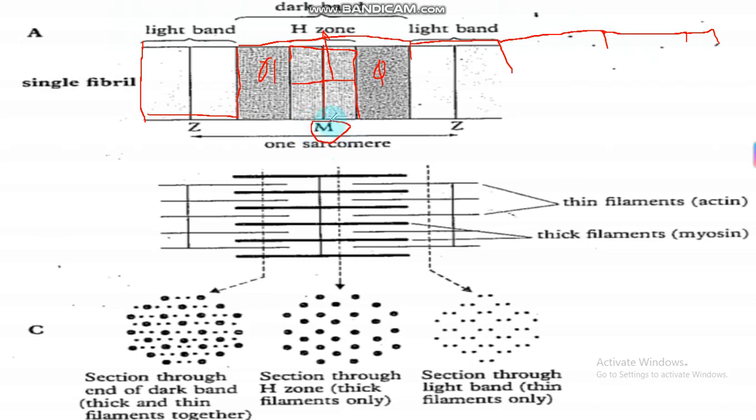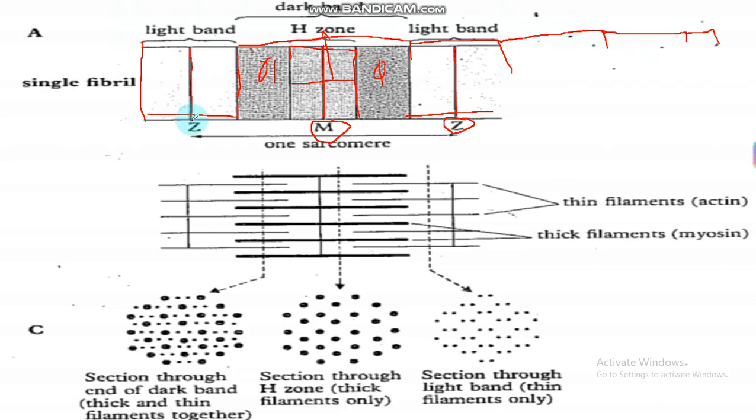Then, in the middle of the light band, we see a line, again a thick line, running in the middle of the light band. That line is called the Z line. So even on this side, in the middle of this light band, we are seeing another Z line.